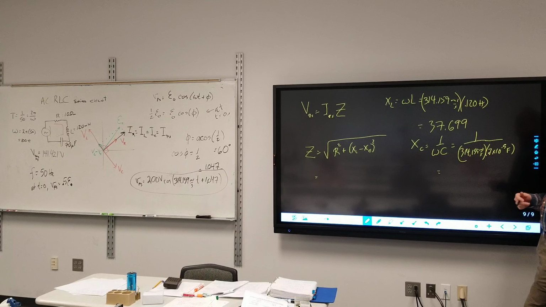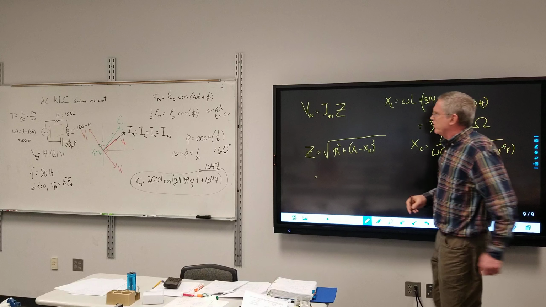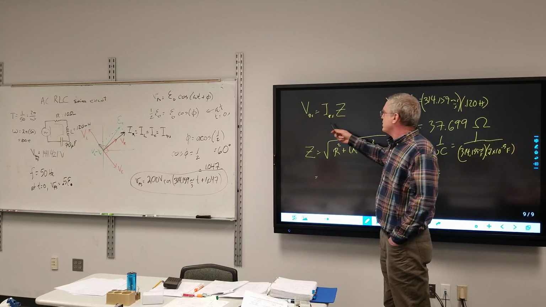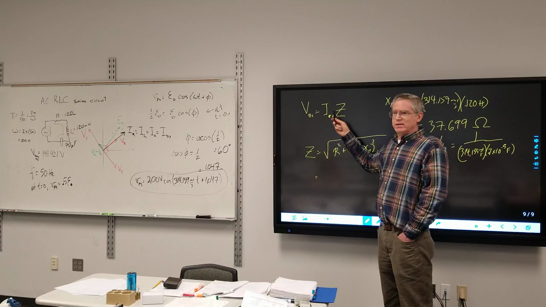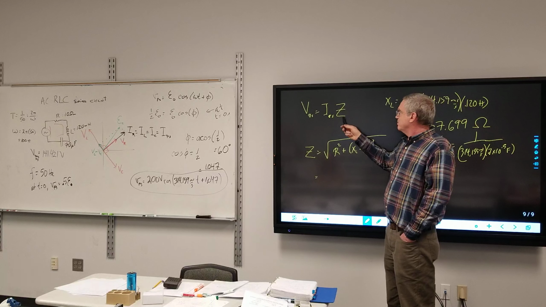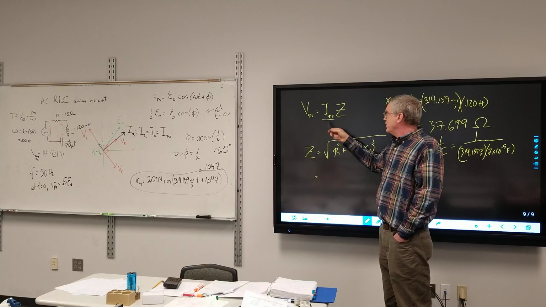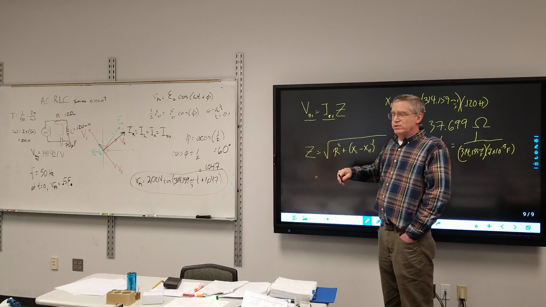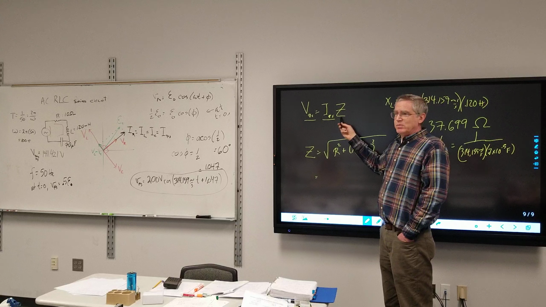All right, so if we just look at this, it would be henries per second. Your memory was correct. It is ohms. Also, in our equation here, voltage is equal to current times either reactance or impedance or resistance. Since the current is in amperes and the voltage is in volts, this has to be the same unit regardless.